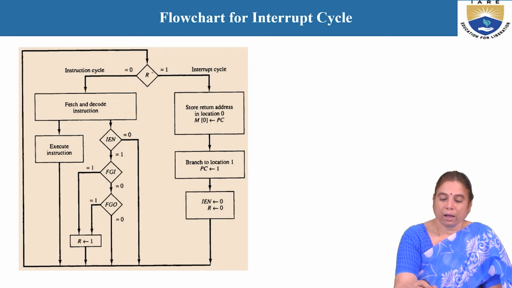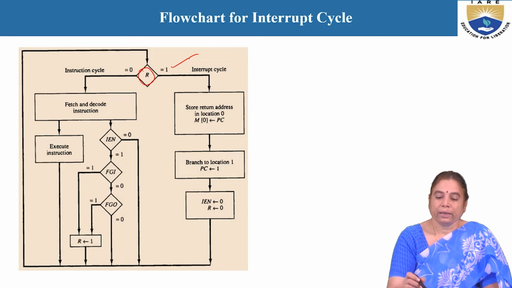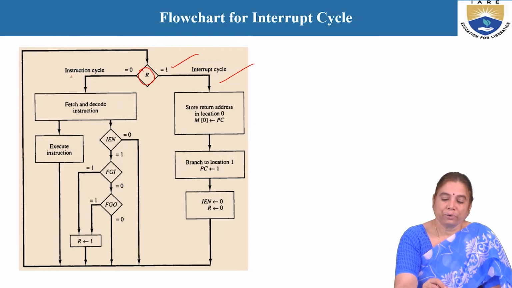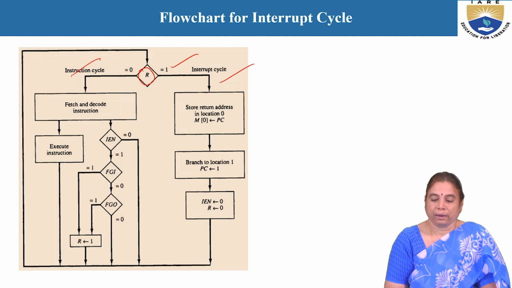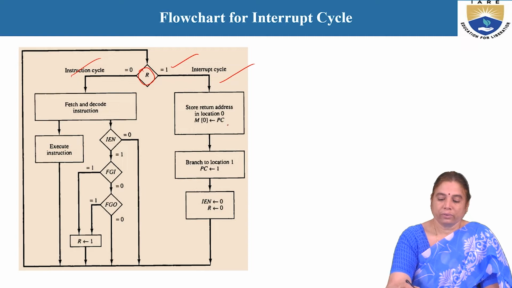If the R value is equal to 1, then the interrupt is enabled and it starts executing the interrupt cycle. If R is equal to 0, then it moves on to the instruction cycle. So depending upon the R flip-flop, the interrupt can be detected and serviced. If the R value is 1, the interrupt cycle starts execution.